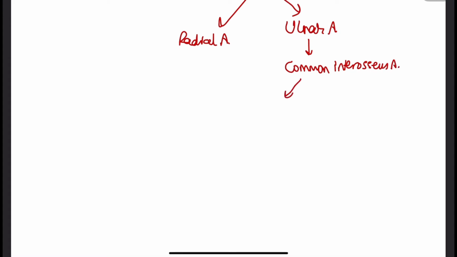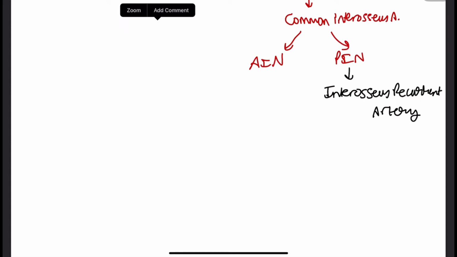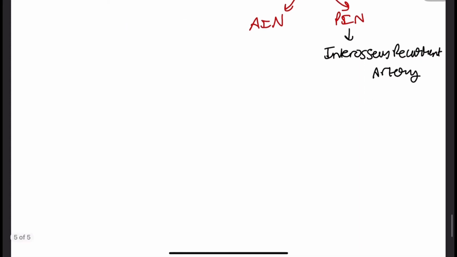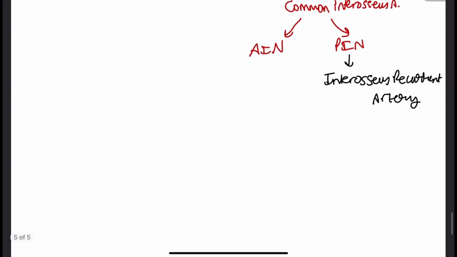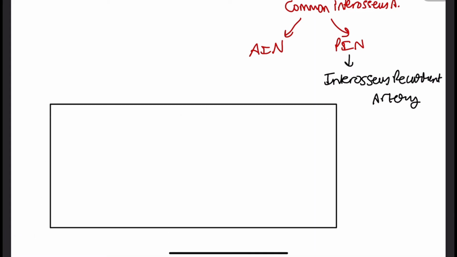This common interosseous artery will further divide into anterior interosseous artery and posterior interosseous artery. This posterior interosseous artery will further give interosseous recurrent artery. Don't worry, I will be discussing these arteries when I will be teaching about the anastomosis around elbow joint. So it is important to discuss about Volkmann's ischemic contracture here.